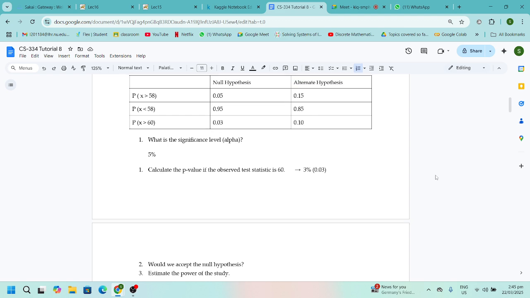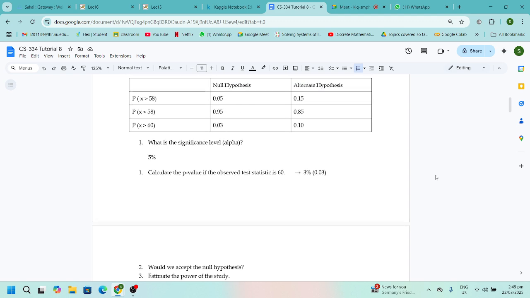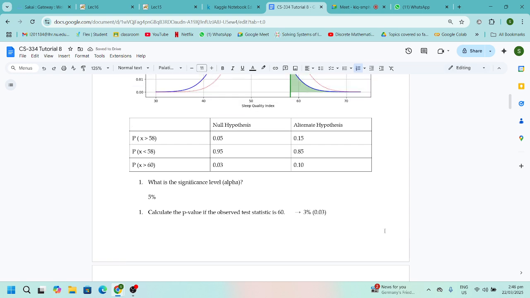So the next question is, are you going to accept the null, oh, my bad. Are you going to reject the null hypothesis or not based on these two values? Again, I will give you a few seconds to process that on your own.